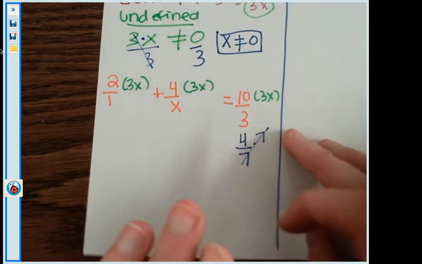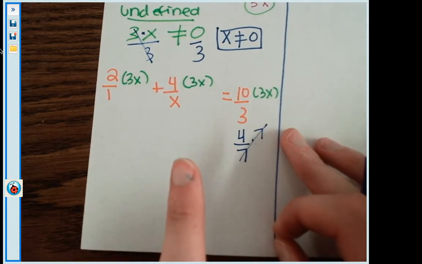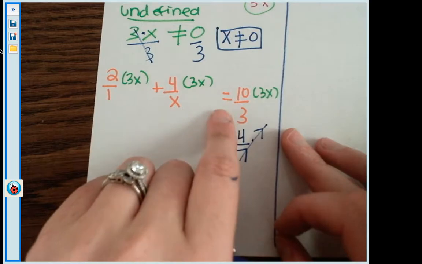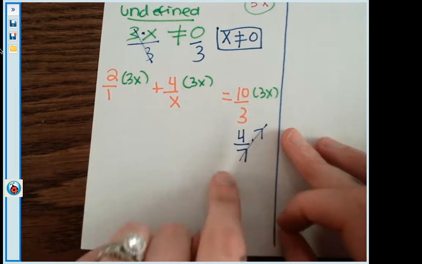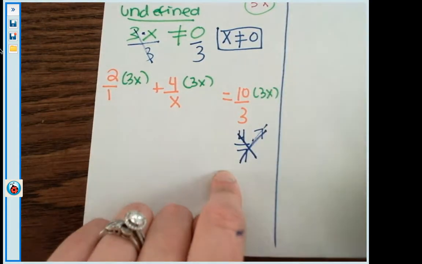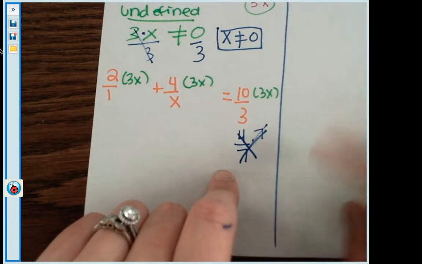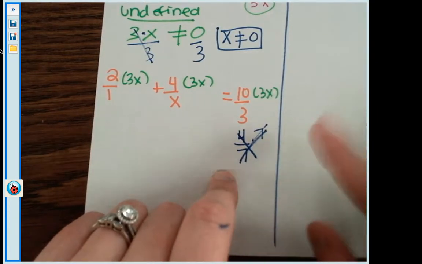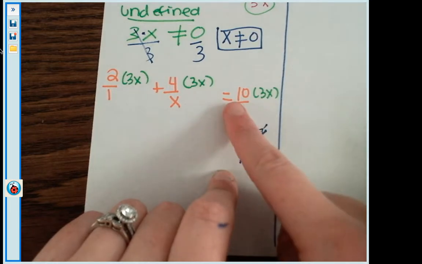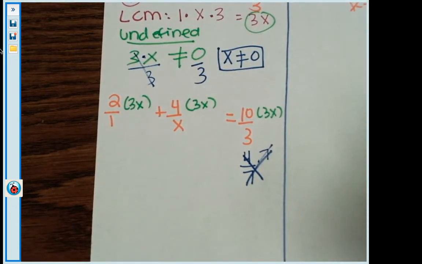If that didn't make sense, you just have to remember you can only do this if there's an equal sign. Without the equal sign, it does not work. So all that addition and subtraction we did, you cannot do this in that section unless there's an equal sign. So be careful.